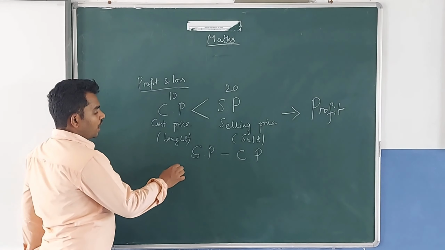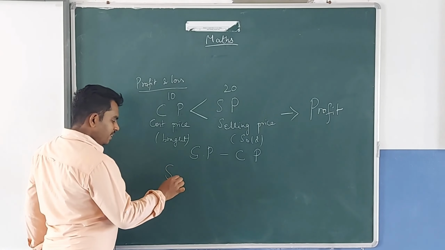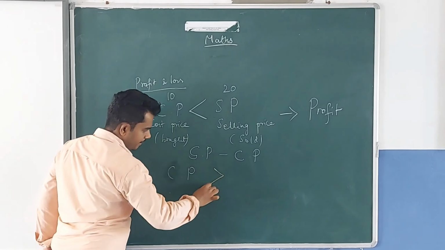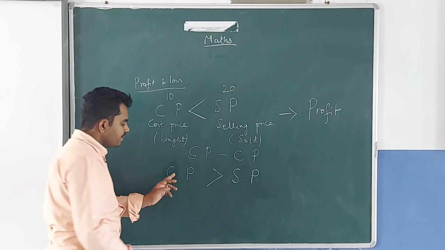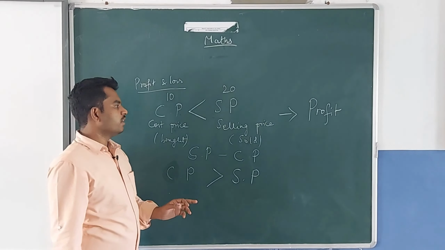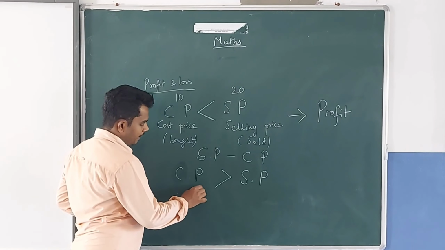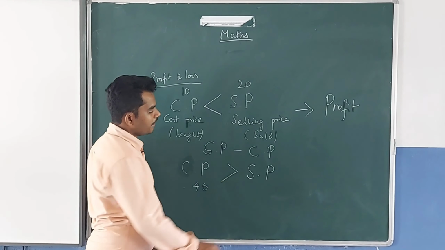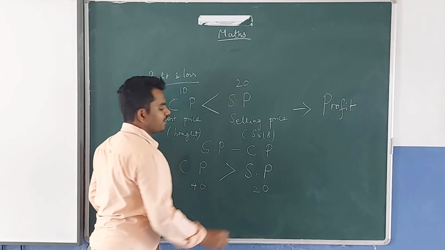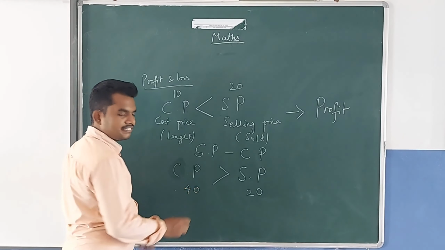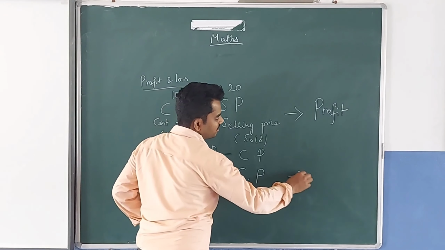Next, when CP is greater than SP, that means the cost price is 40, the selling price is 20, the resultant value is less, that means loss.